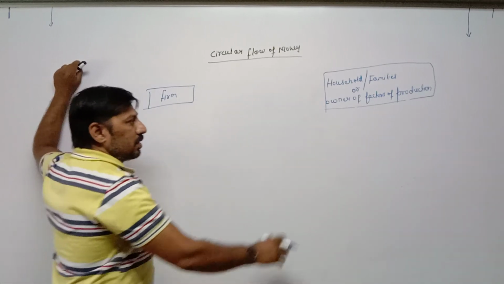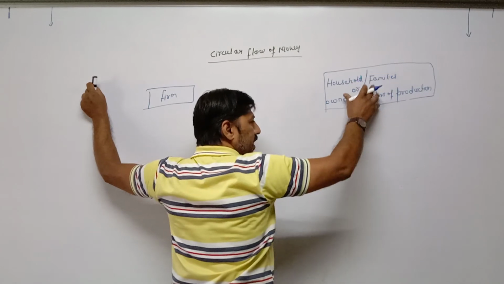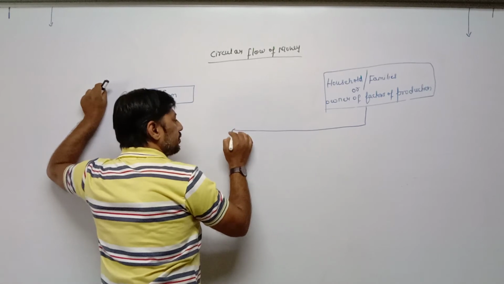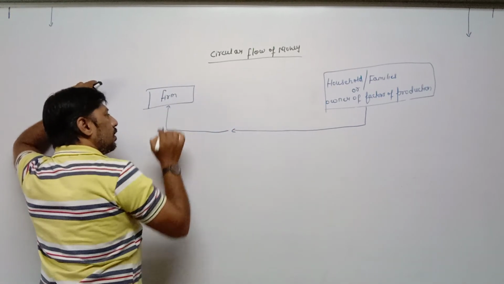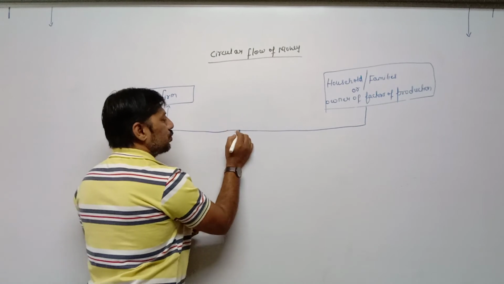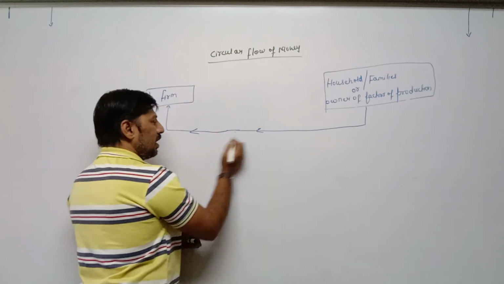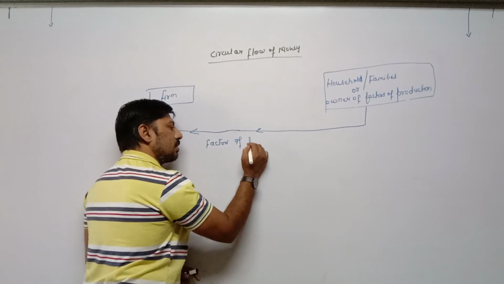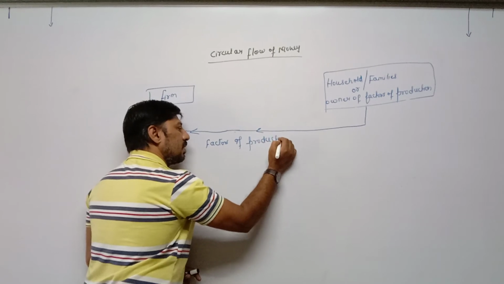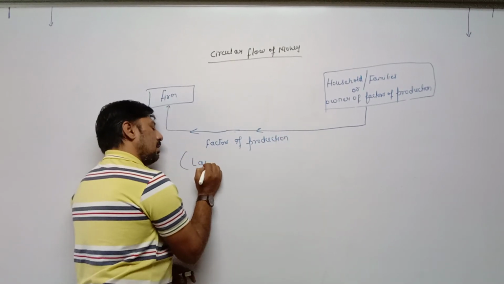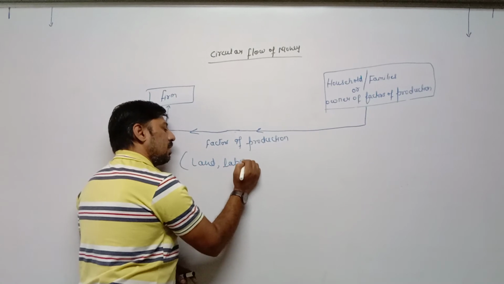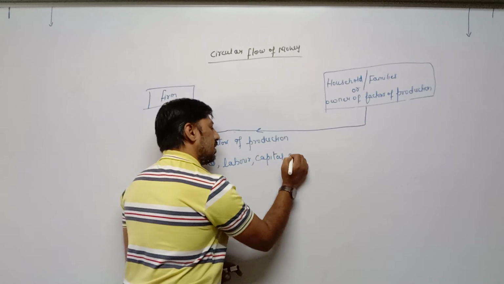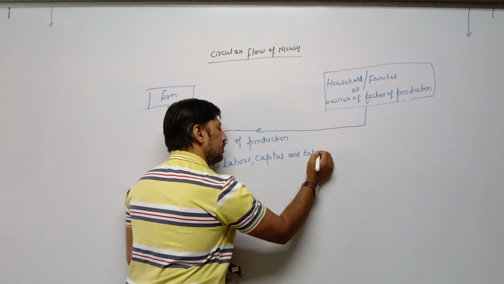Now first of all, these households or families are providing services to firm. They are providing various factors of production like land, labor, capital and entrepreneur.